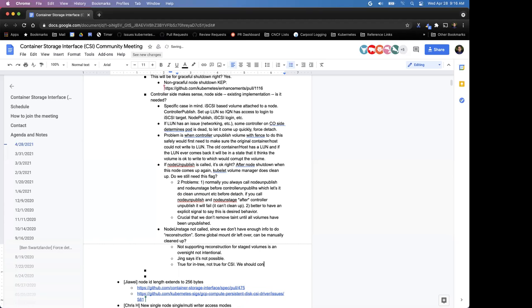Okay. I thought she is very familiar with this code path. She said that's not possible, so maybe I'll talk to her again and look at this part. I think from a CSI spec perspective, we have to unwind the entire stack of operations that have been done.